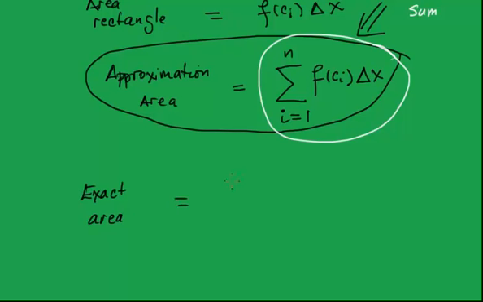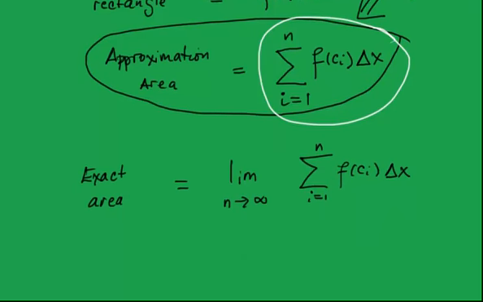So it's going to be equal to a limit as n approaches infinity of sigma from i equals 1 to n of f of Ci delta x. So this is the formula for the exact area.